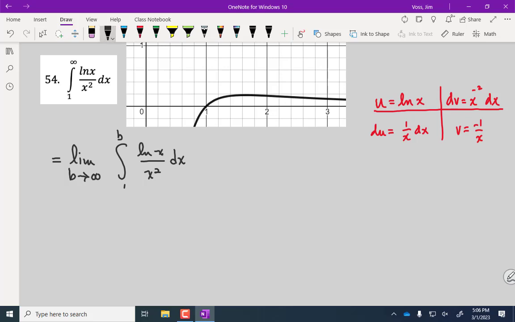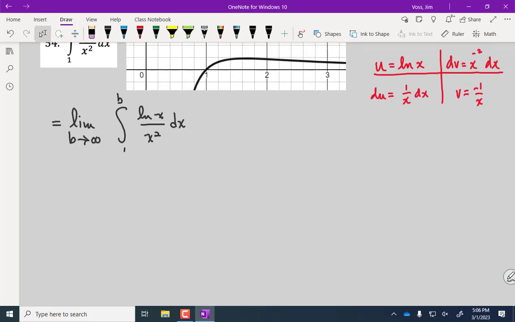Okay, so let's see what we get. So this integral is going to be rewritten as uv, ultraviolet voodoo, uv minus integral of v du. uv is minus 1 over x times natural log of x. I guess we could just write that as natural log of x over x. So there's uv, and we've got this 1 to b here.